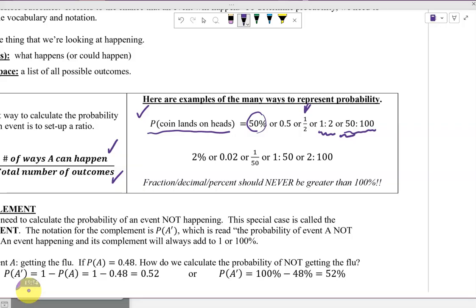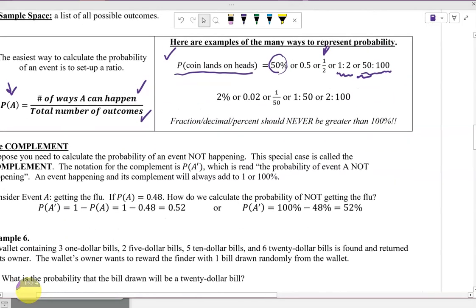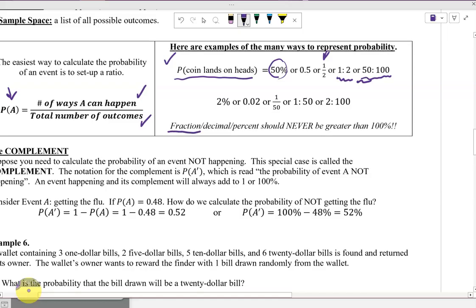And if you actually flipped a coin and recorded the number of times that it landed on its head versus landed on its tail, that's known as experimental probability. You actually tried it. All right, so if we write it as a fraction, it can never be bigger than 1. As a decimal, it can never be bigger than 1. And if it's a percent, it's never going to be bigger than 100%.